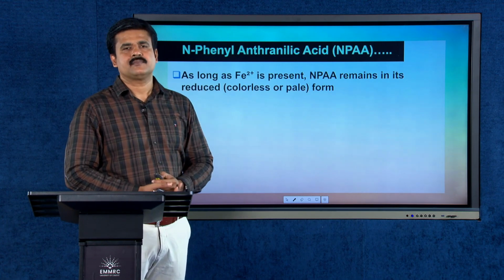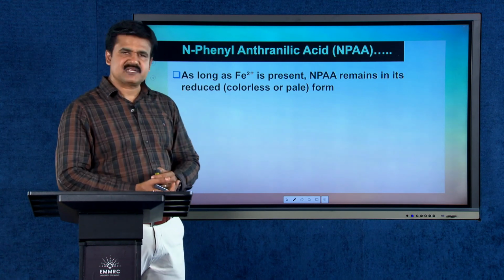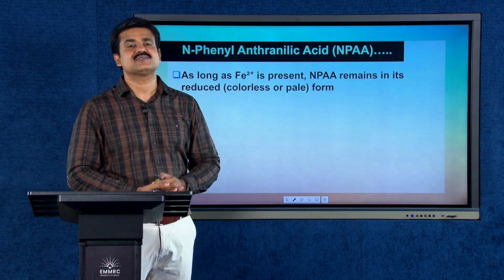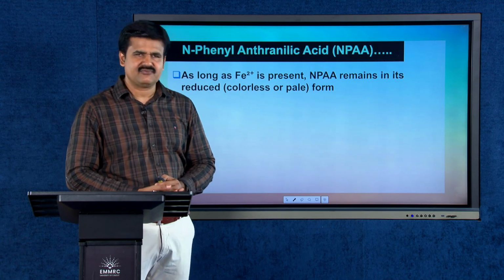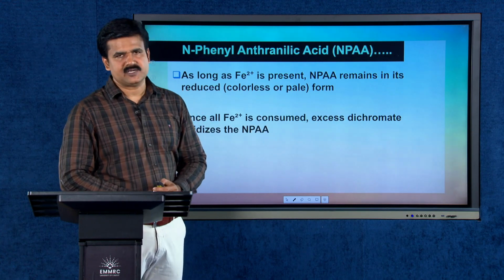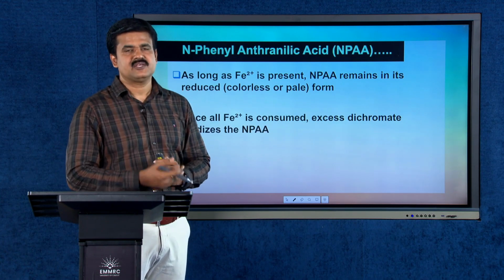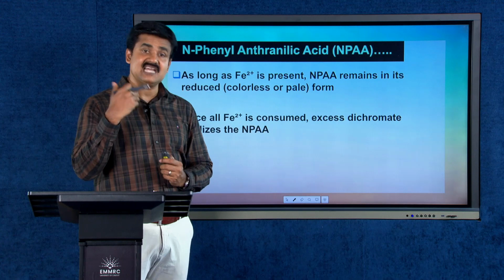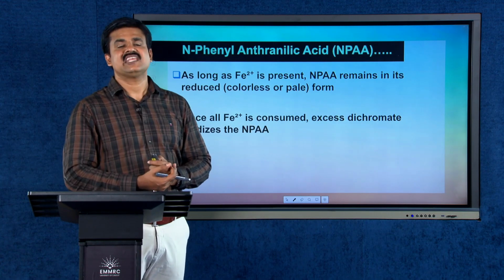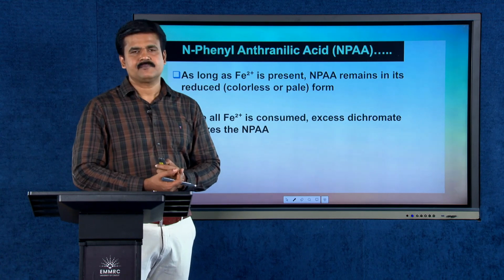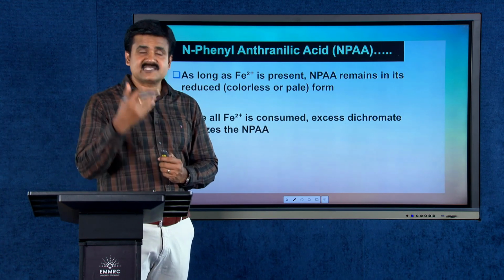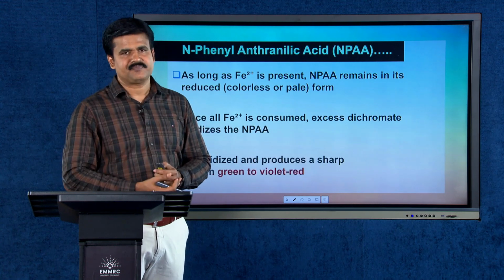As long as Fe2+ is present, N-phenyl anthranilic acid remains in its reduced, colorless or pale green form. Once all Fe2+ is consumed, a slight excess of dichromate oxidizes NPAA, that is, NPAA is changed from reduced form to oxidized form.